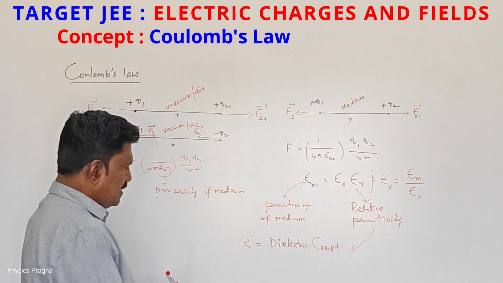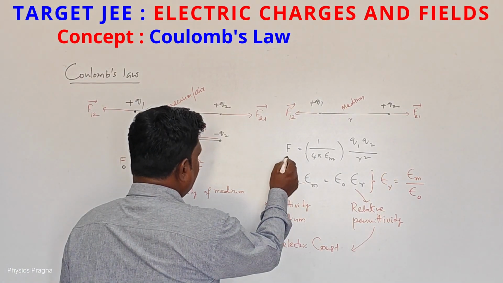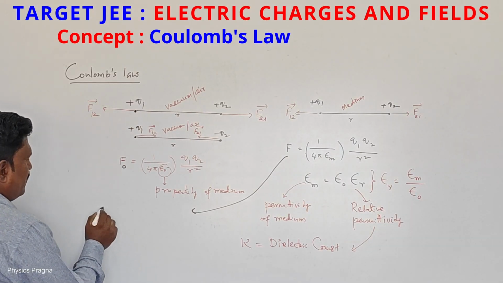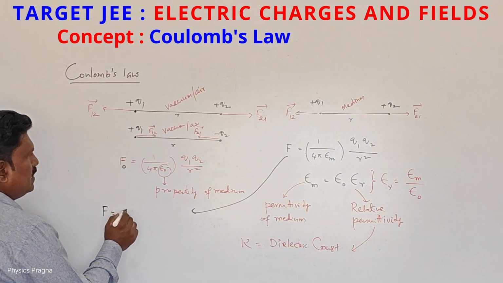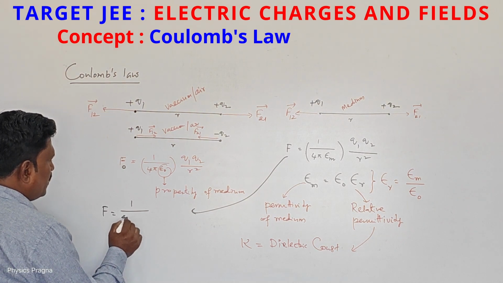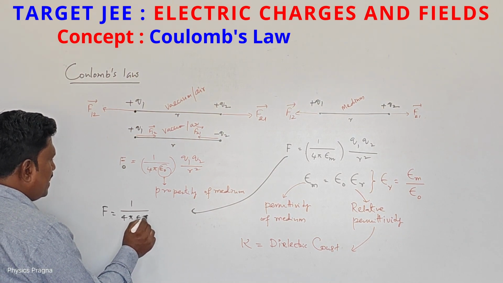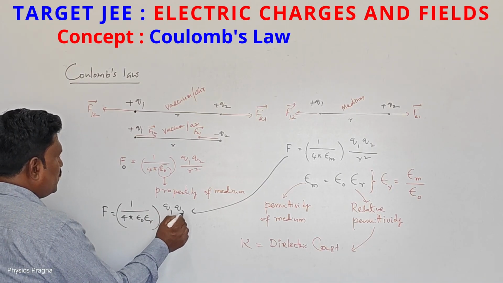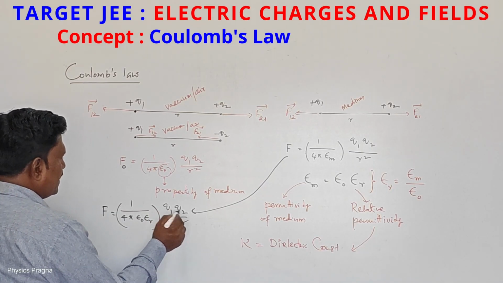So we can write F is equal to 1 by 4 pi epsilon naught epsilon r, q1 q2 by r square.